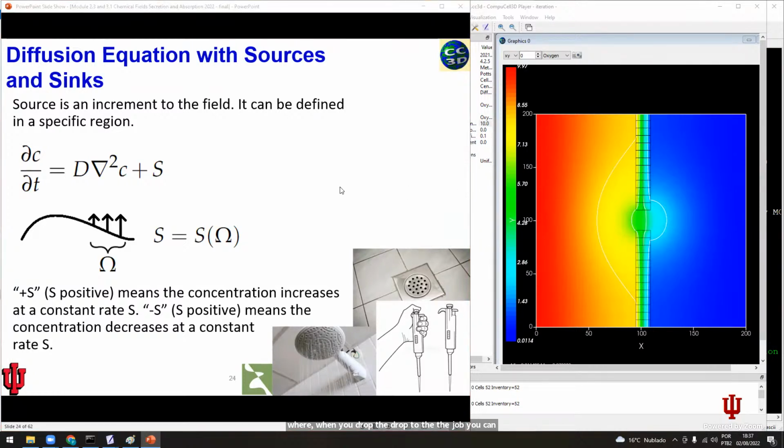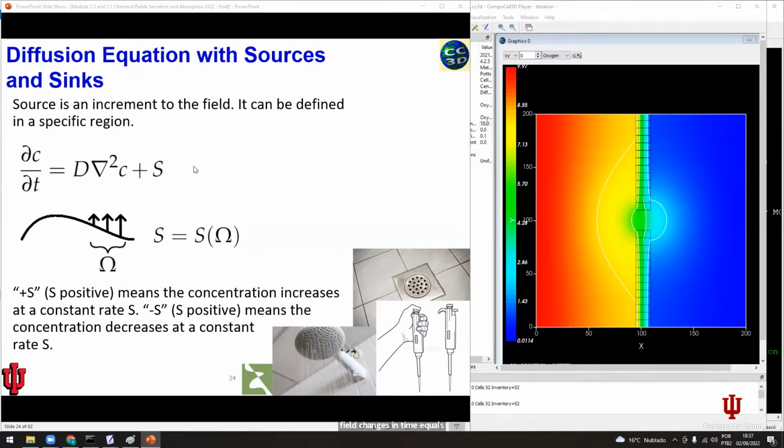Okay. So mathematically speaking, a source is basically adding another term in the diffusion equation. For example, if you ignore the Laplacian term here in the middle, you will only have the derivative of the field, which means how much the field changes in time, equals s.